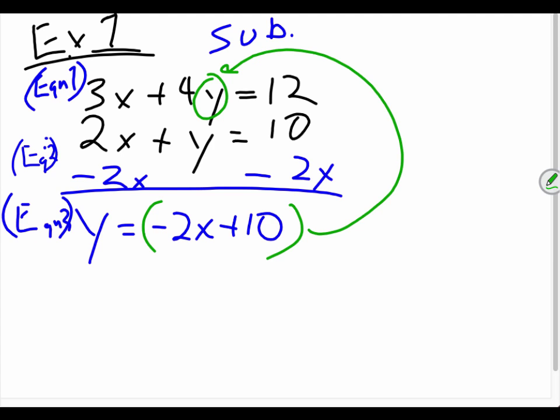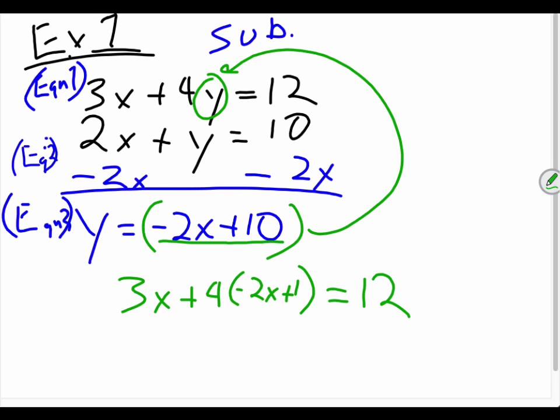I'm going to say 3x plus 4 times y is equal to 12. But remember that y is equal to this stuff, at least where the two intersect. So I would say negative 2x plus 10.